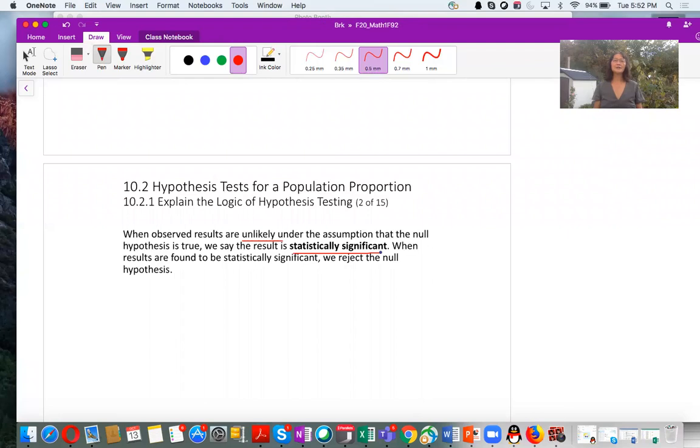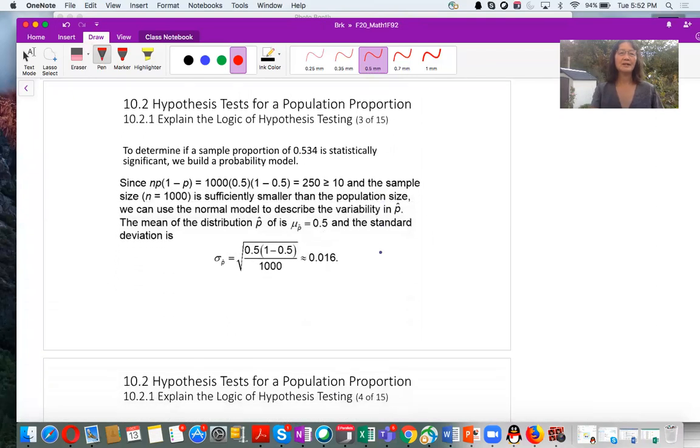When we reject the null hypothesis, we are in favor of H1, the alternative hypothesis. Between H0 and H1, you must choose one. Our question is whether the sample proportion 0.534 is statistically significant.